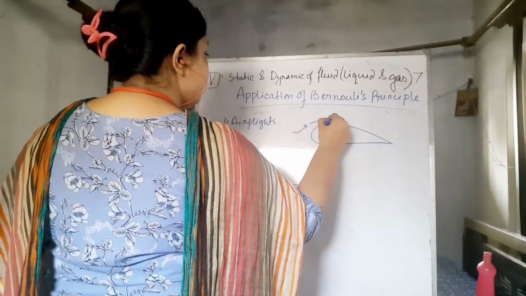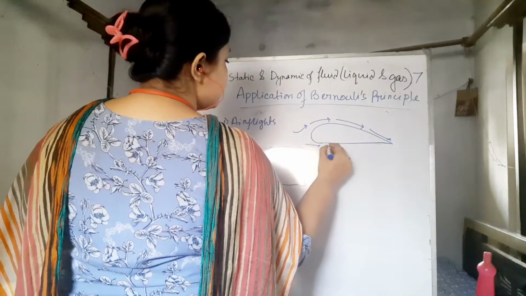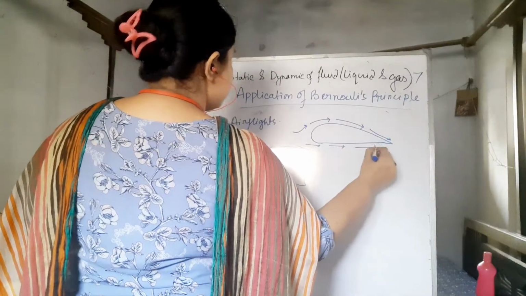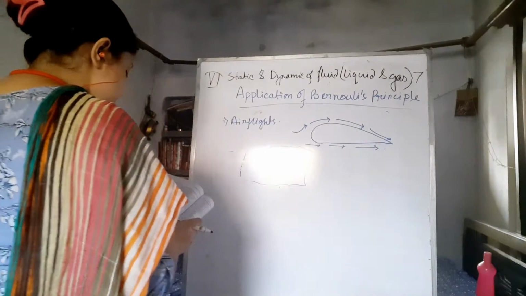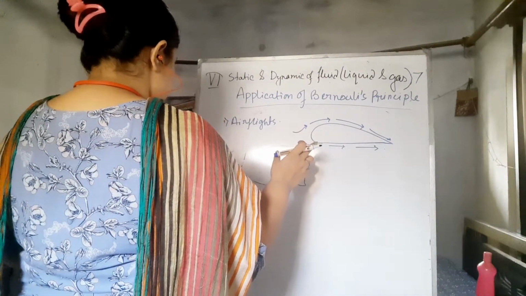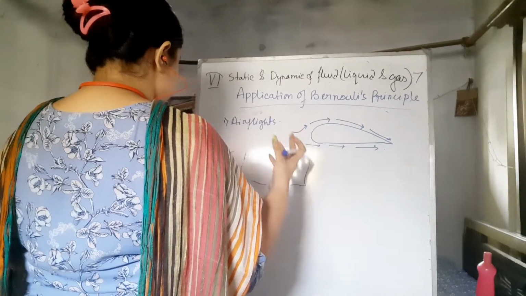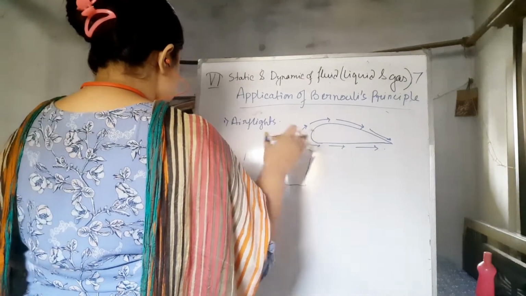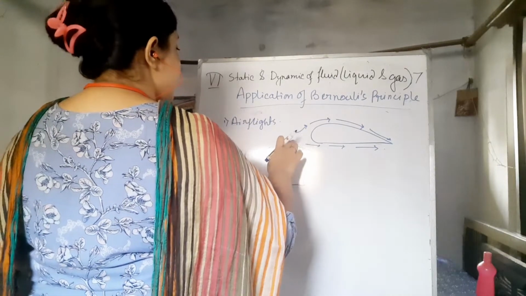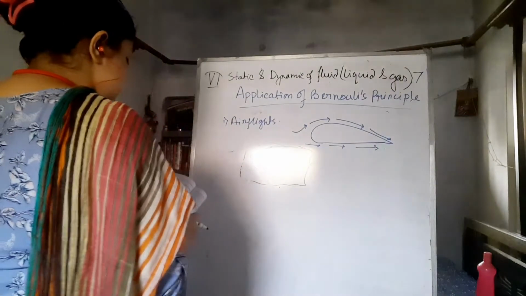This allows the air to create more pressure on the bottom, and as the air is moving faster on the upper side, it creates less pressure.